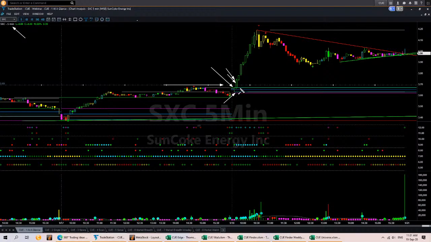Therefore, we could take it as a breakout trade on the daily chart and an early range breakout trade on the 5-minute chart. This should be our buy point, or you might also wait for the close of that 5-minute candle.